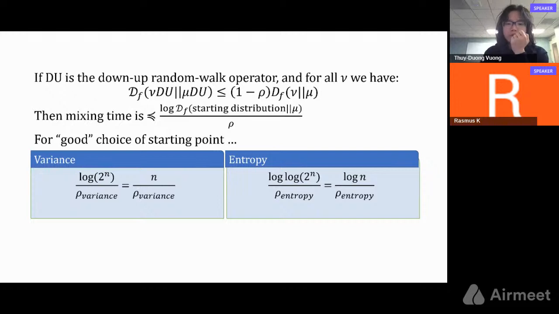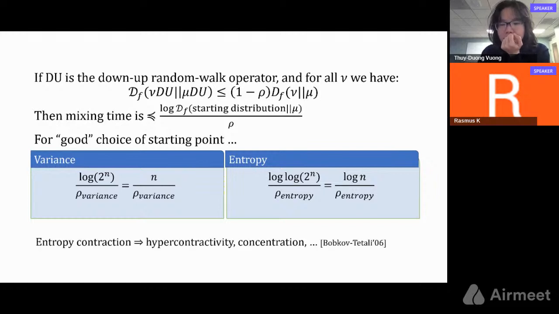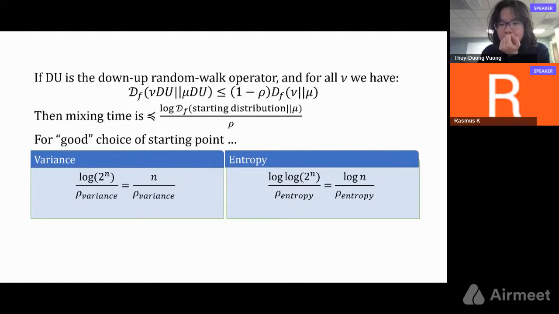So bounding the entropy contraction factor is very useful, but the problem is that it's usually a lot easier to establish variance contraction, because as I said in the previous slide, variance contraction is related to the spectral gap of the Markov chain operator. The spectral gap is something like the difference between the top and the second largest eigenvalue.